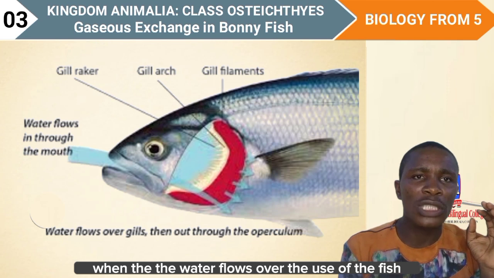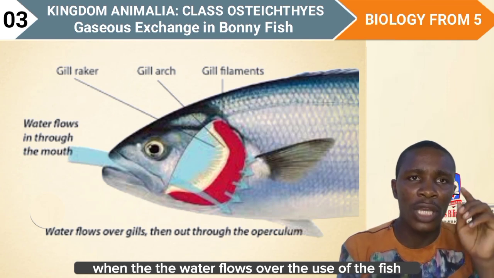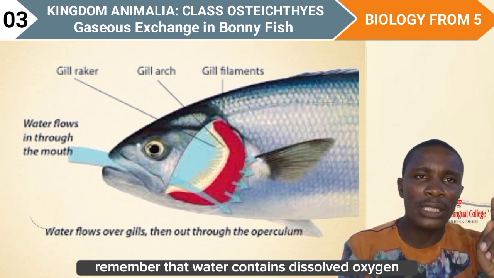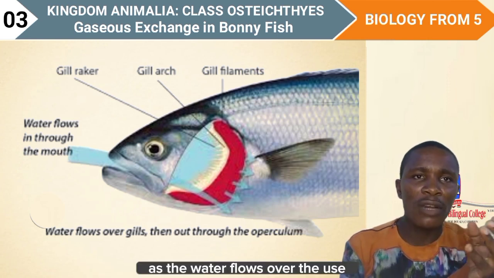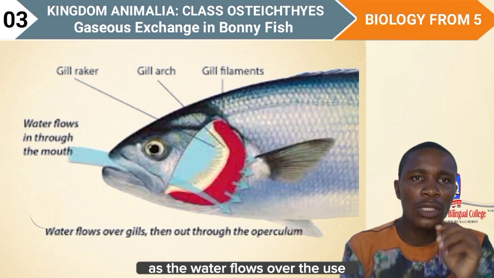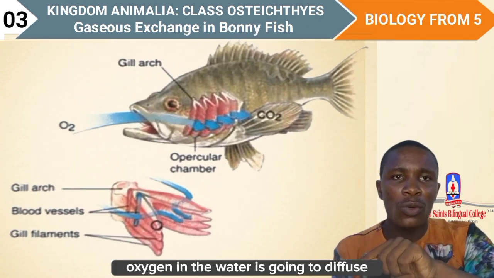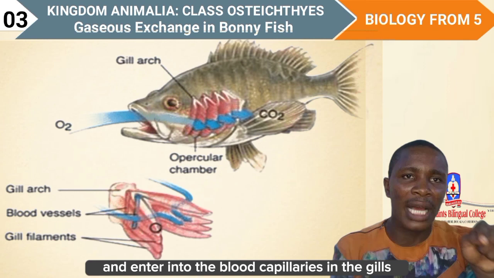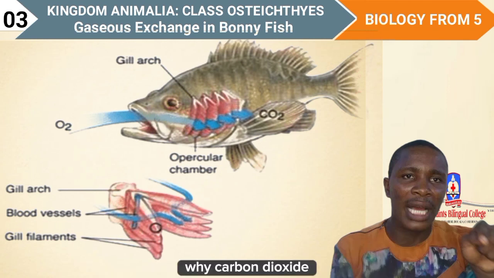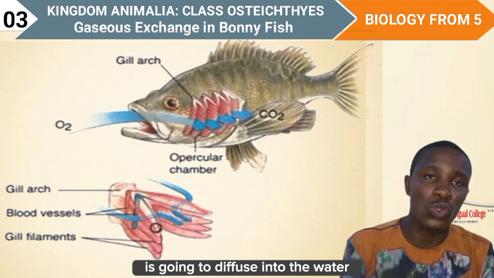When the water flows over the gills of the fish, remember that water contains dissolved oxygen. As the water flows over the gills, oxygen in the water diffuses into the blood capillaries in the gills, while carbon dioxide inside the blood capillaries of the gills diffuses into the water.